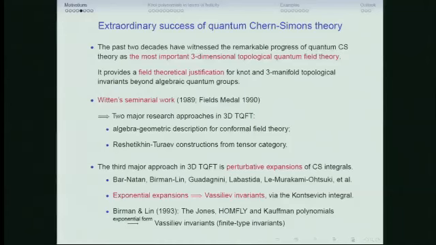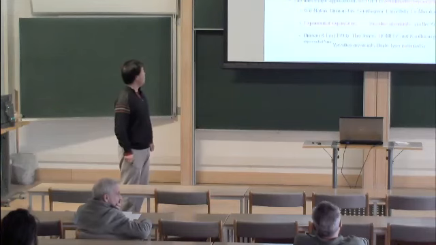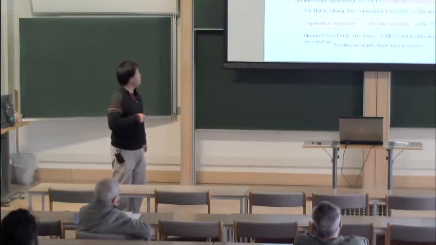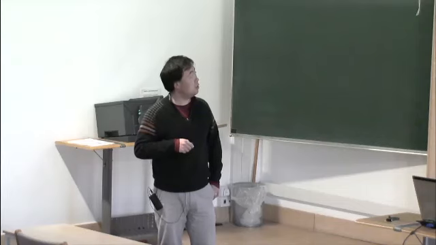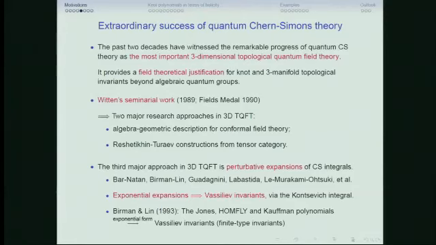It provides a field theoretical justification for knot and three-manifold topological invariants beyond quantum groups. In 1989, in his seminal work, Witten used Segal's algebraic geometric description of conformal blocks to connect Chern-Simons theory with knot polynomials. That's a very beautiful work, and he was awarded the Fields Medal.